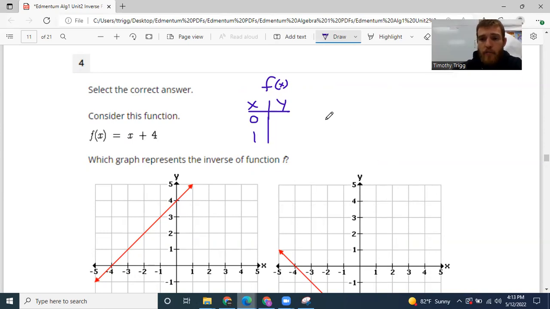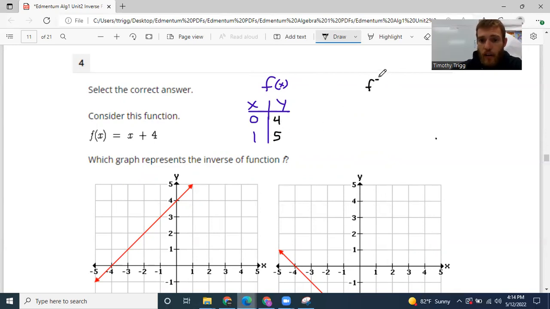These charts go up to 5, so this will work. Again, it doesn't matter what x coordinates you pick, just don't go off the chart. If I replace x with 0, this would be 0 plus 4, which is 4. If I replace x with 1, this would be 1 plus 4, so f of 1 is 5. So the original function, f of x, will go through these coordinate points, 0, 4, and 1, 5.